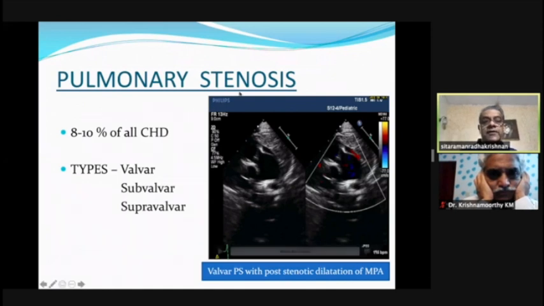The three varieties of pulmonary stenosis, valvar, subvalvar, supravalvar, are all defined by echocardiography. There are various definitions of how to do it by echocardiography. A simple transthoracic echo in the majority of cases is enough to diagnose them. No need for a TEE, no need for a CT or other imaging modality.